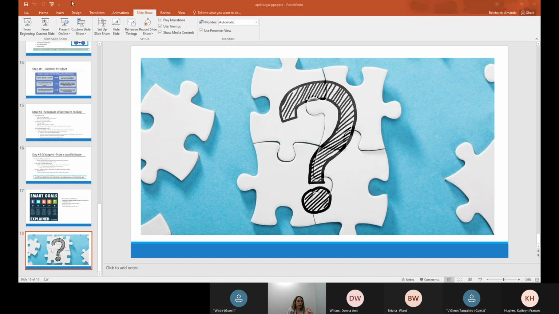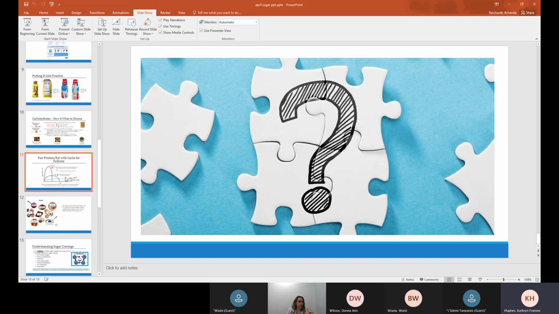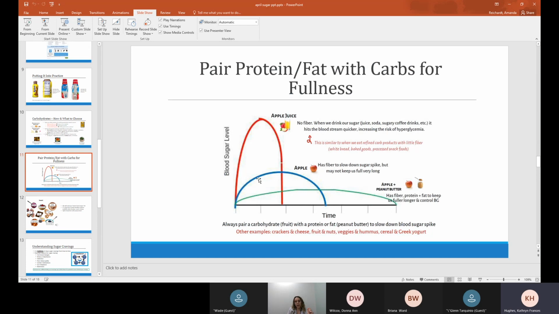So that's kind of like, let me go here. This diagram where you're having this occur, where it's not holding you over long enough. So if there's a protein or a healthy fat that you'd want to pair with that, it would help to bind you more, so you're not going for that other option later on, and you're feeling more satisfied with that snack.